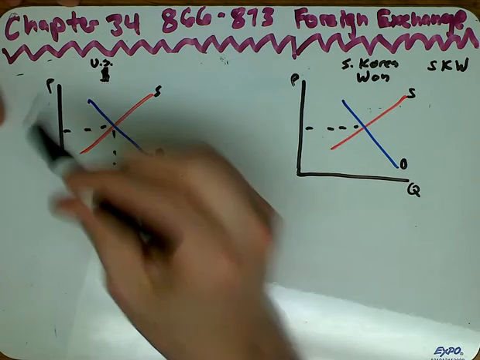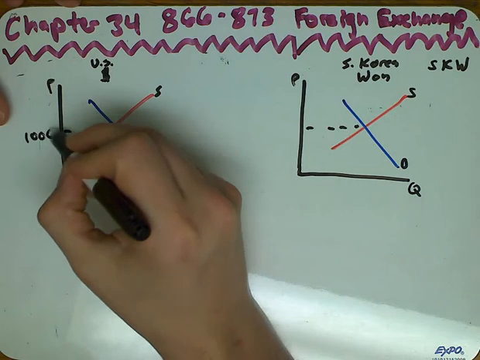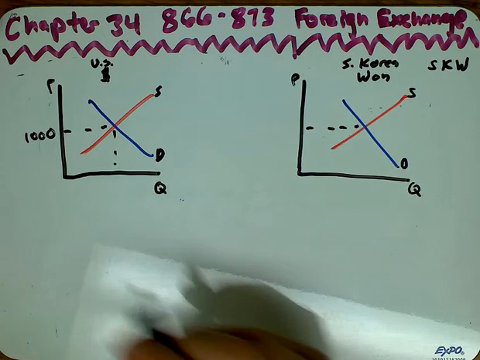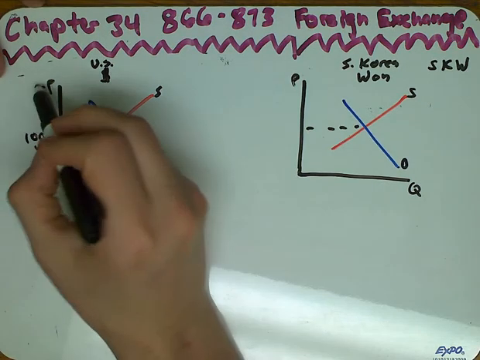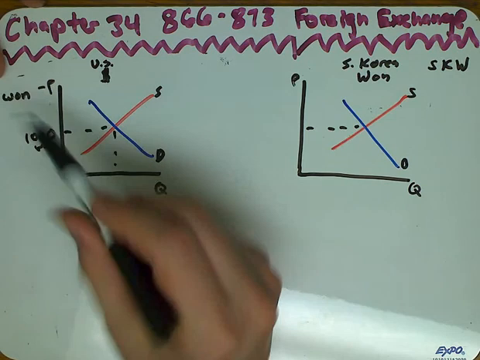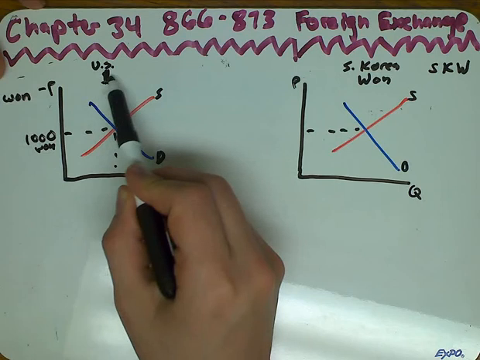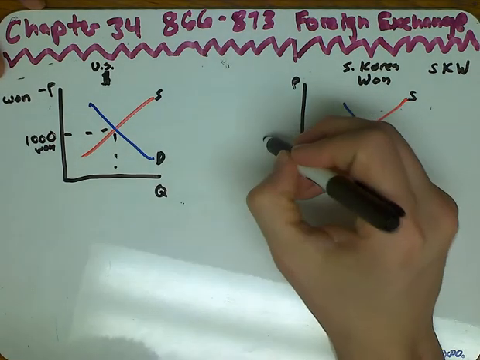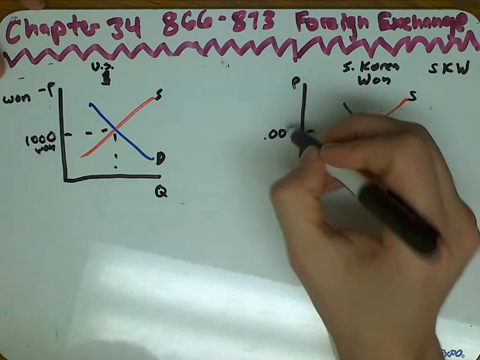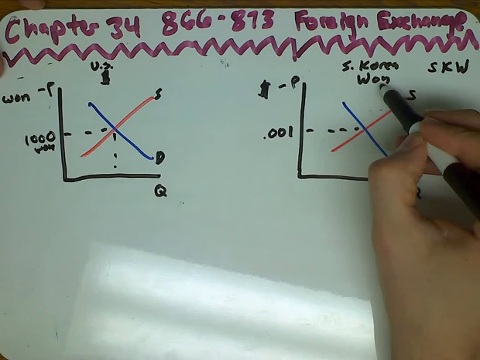Well, I just looked it up. It's a little over, but we're gonna round here. It's a little over 1,000 won, which means that our price is measured in won. If the price goes up, that means that it costs more won for $1. And then what we need to do over here is see that is 1/1000th of $1 for 1 won.